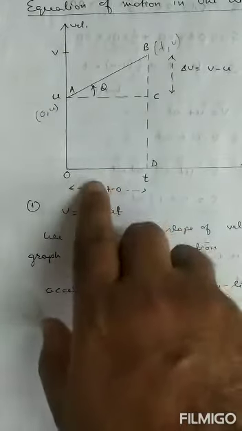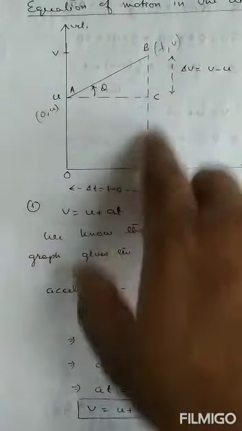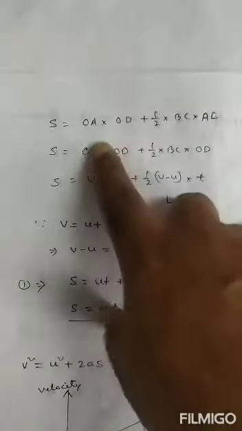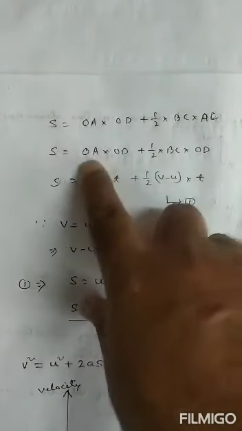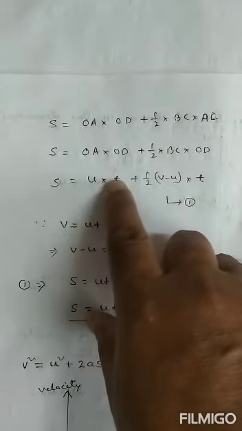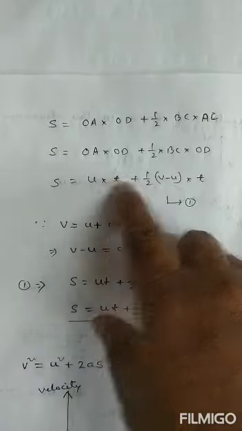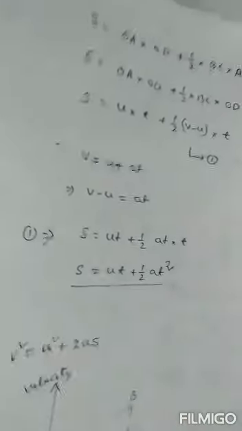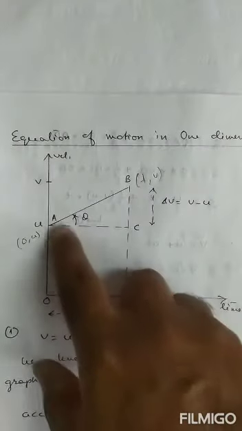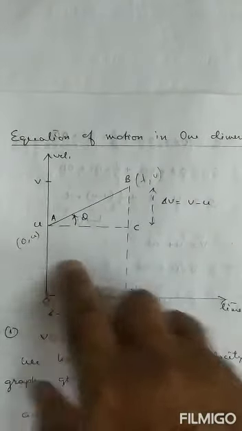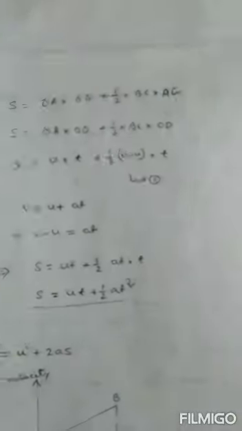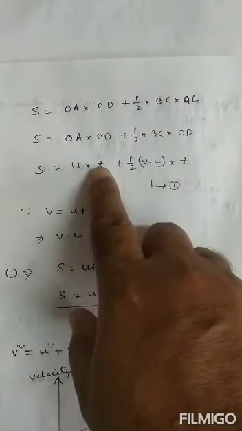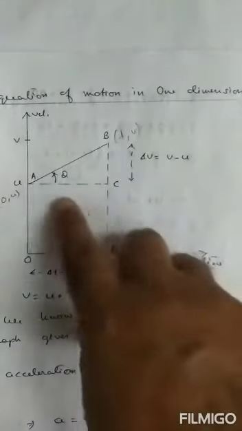So the area of rectangle OACD is equal to OA into OD. OA is U and OD is t, so the area of the rectangle OACD is equal to UT.